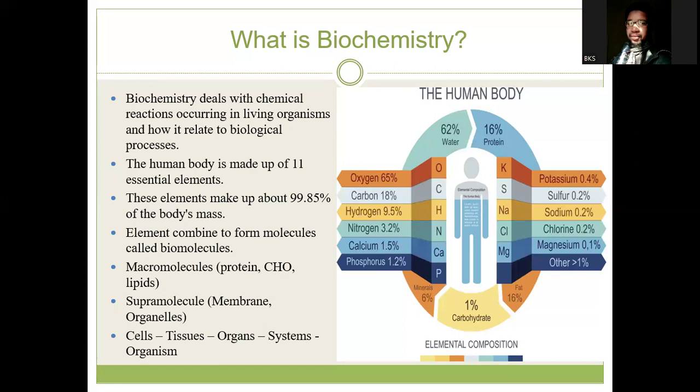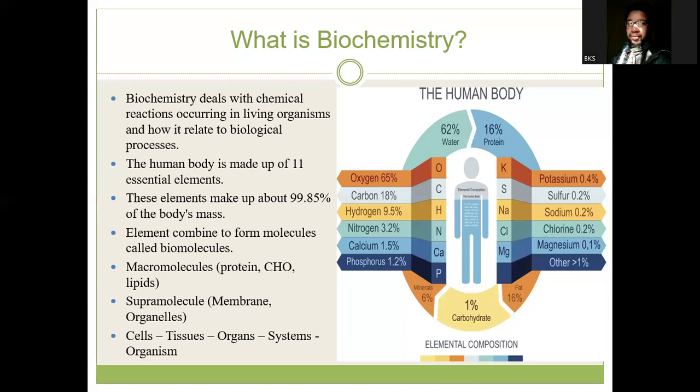We also know that biological processes are made up of mostly chemical reactions. So these elements form building blocks within the formation of macromolecules, and then the macromolecules form supramolecules.